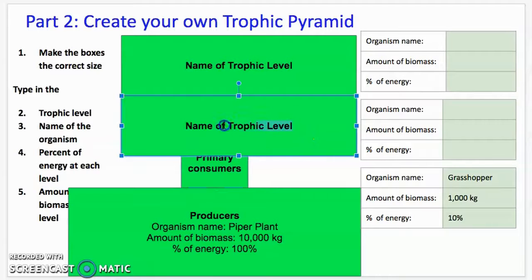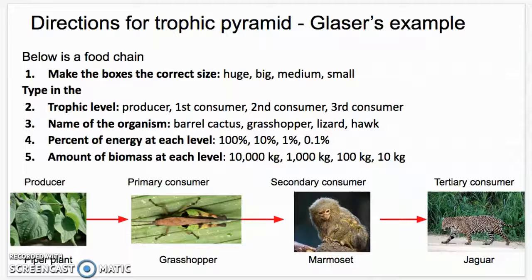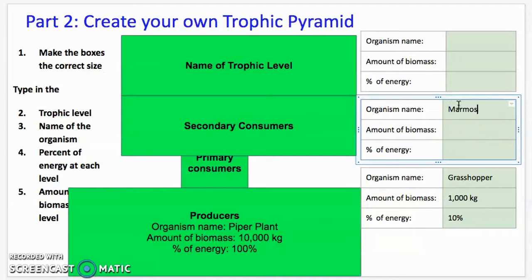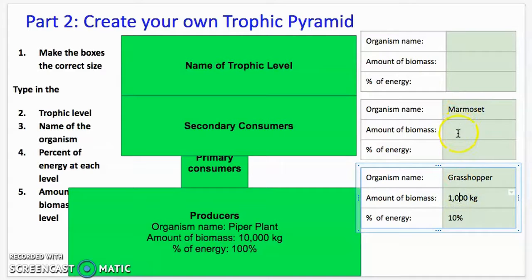The next level up, for the name of the trophic level, after primary consumers, it gets passed on to secondary consumers. The organism name in my tropical ecosystem is going to be these cute little marmosets, so I'm going to put marmoset here. The amount of biomass, remember I started with 10,000 kilograms in the producers. I'm moving to 1,000 kilograms in the grasshoppers.